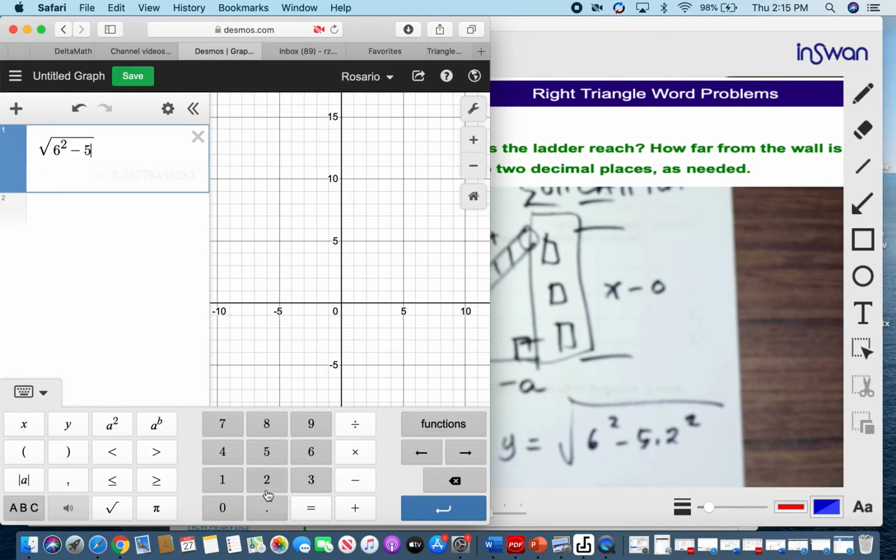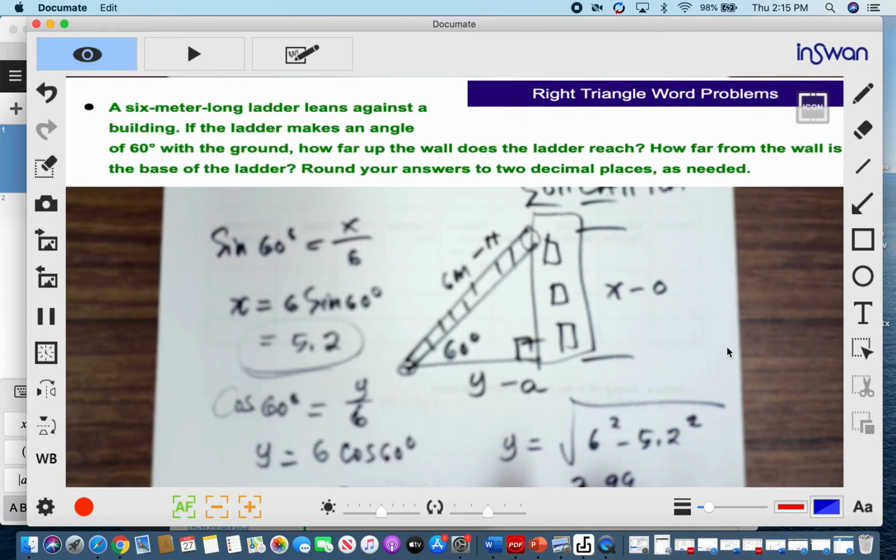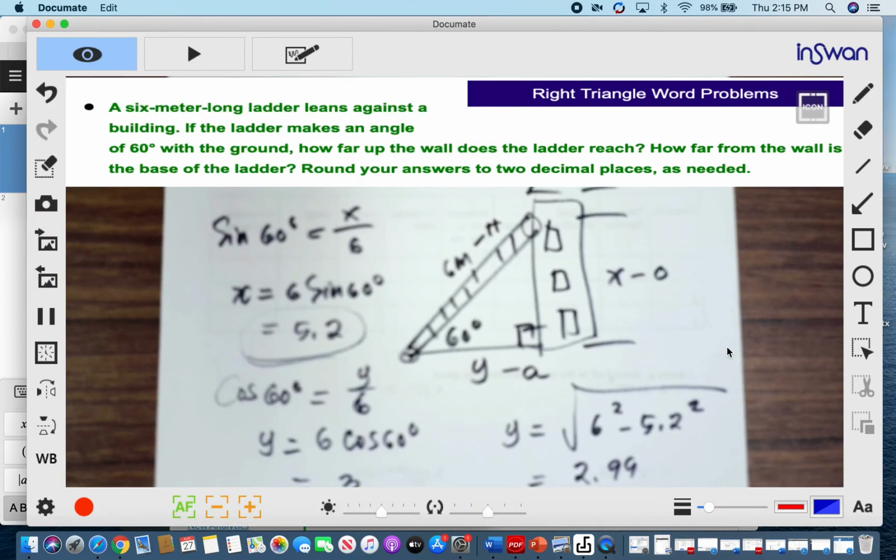And as you can see, the value is 2.99. Now, the reason why it's like that is because, if you remember, we rounded off 5.2 to the nearest tenth digit. But nevertheless, whether you make use of cosine or the Pythagorean theorem, you will always get the same answer. That's it.